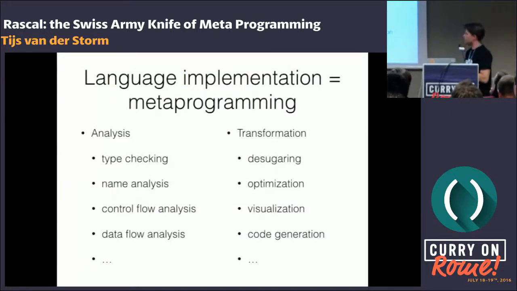And this is a good match because if you look at language implementation, you see immediately, or maybe not immediately, but I think this is obvious, that language implementation is a kind of metaprogramming, right? If you build a language or a compiler, you need some kinds of analyses, you need transformations to actually implement your compiler or the type checker or whatever you like. So we can actually use these metaprogramming features built into Rascal really well in this domain.